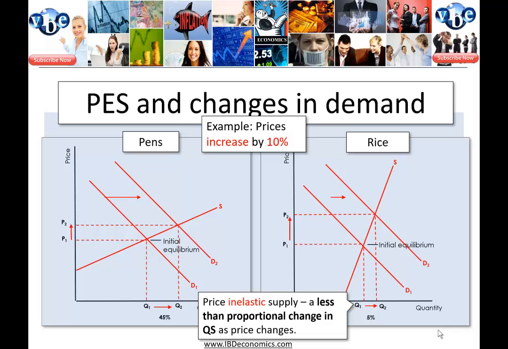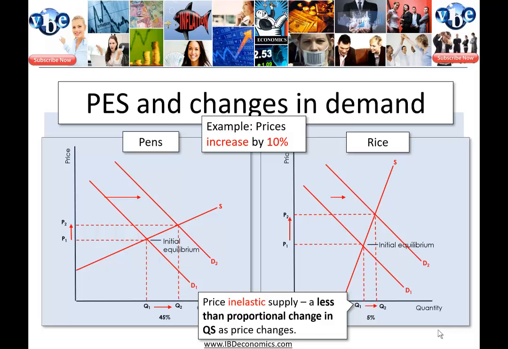So this is supply interacting with the demand curve, and how elastic the supply curve is will cause the price change, the relative price change. So relatively elastic supply will cause a relatively small price change.